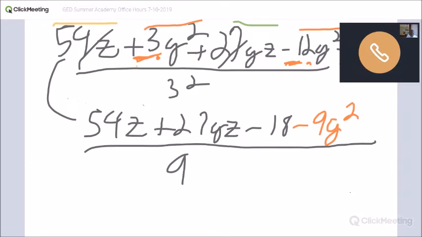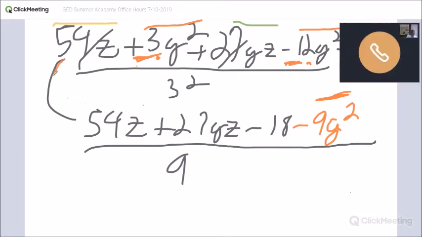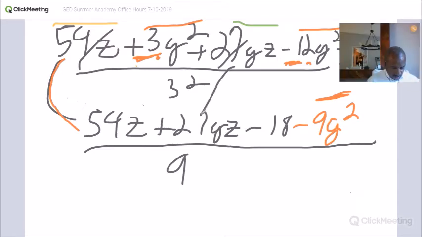Yeah, so those two numbers don't have anything to do with each other because this is just plain 18. And then this right here is 9y squared. So they can't combine because they're different. So all I did was I just brought down that 54, and then I just brought down that 27, and I just brought that down because they didn't have anything to combine with.